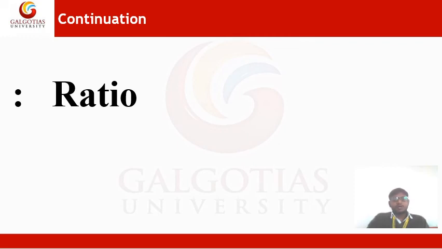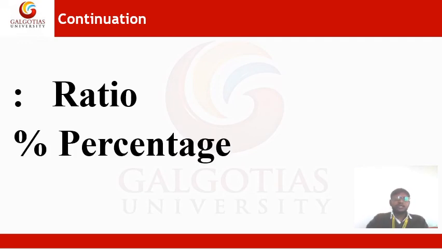Right. Now you can see 2 dots, that is the indication of ratio. And next, percentage, you know very well, 0 by 0, that indicates percentage.